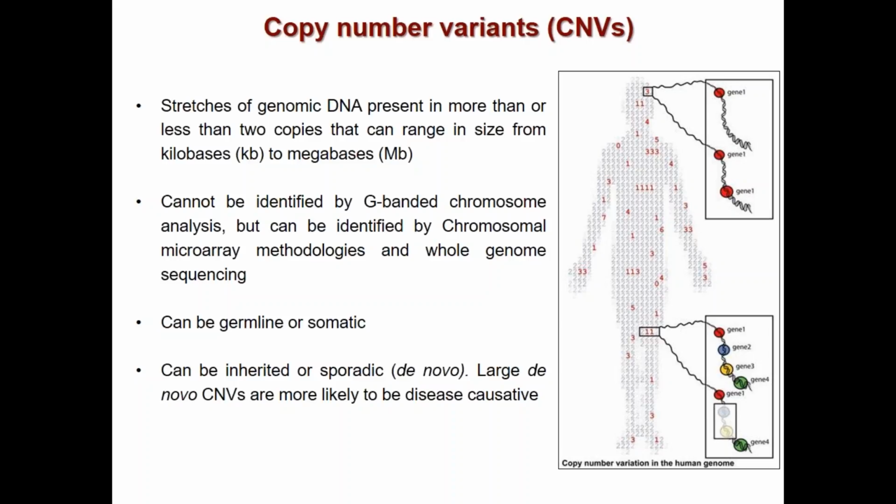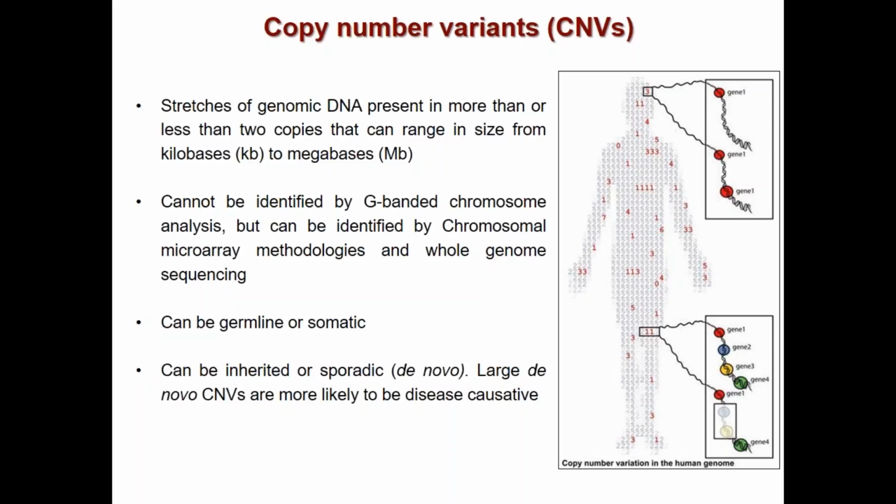Whole exome sequencing can be challenging for detecting copy number variants, but with whole genome sequencing, if you use the right algorithms and enough sequencing depth, you can detect these CNVs. CNVs is the short term for copy number variants.